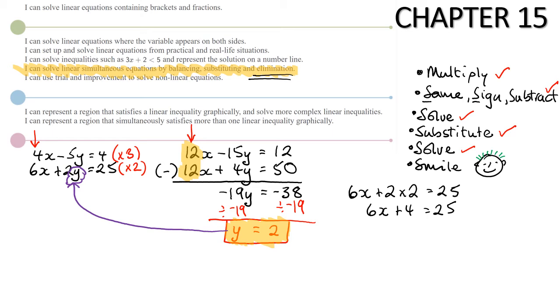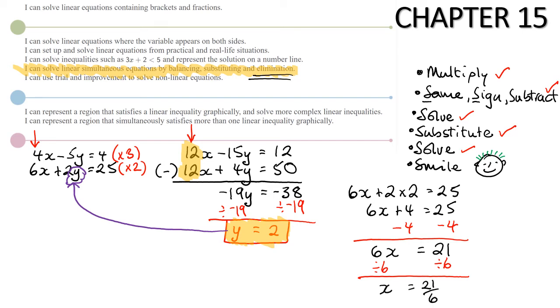We'll take away 4 from both sides, like this, and we will have 6x equals 21. Then we'll divide both sides by 6, like this, and we're pretty finished now. x will equal 21 over 6.